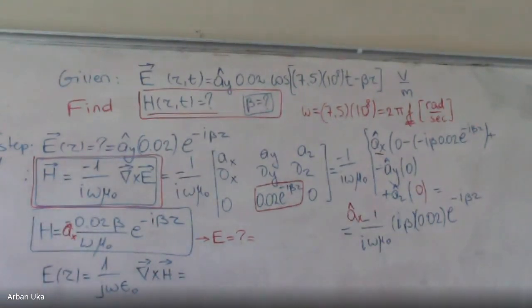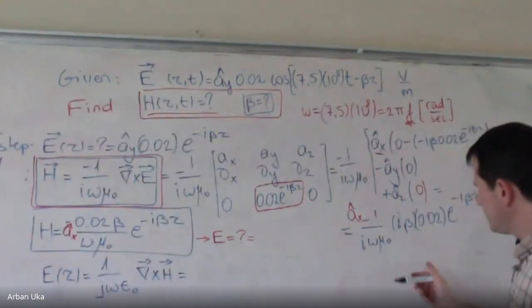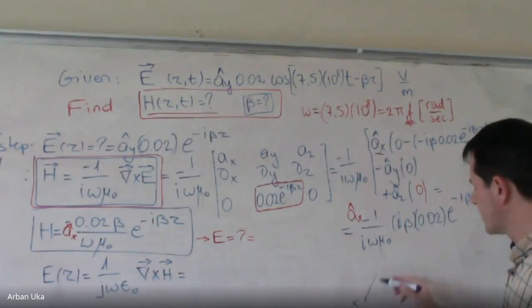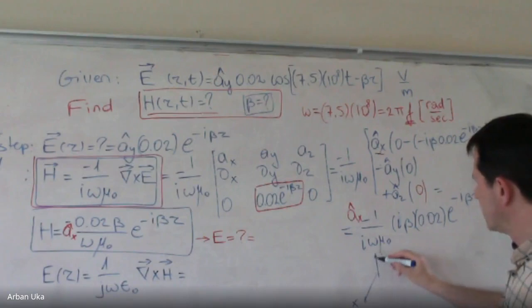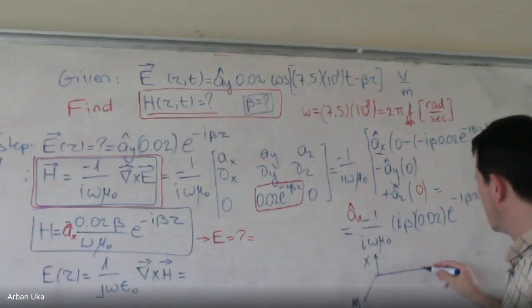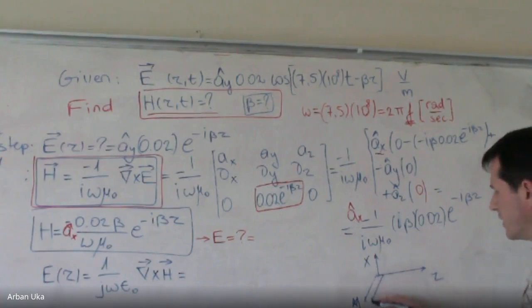And by the way, let's have a look at what we have so far. Let the x direction be here, let this be the y direction, and let this be the z direction. So what we have so far is an electric field pointing along ay, like this.